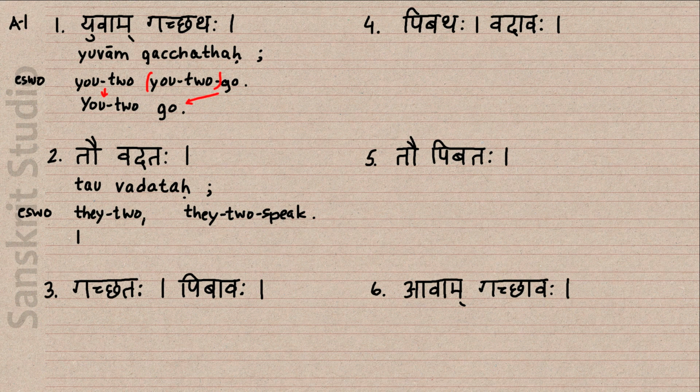We write M down here, and the reason for this is simply that it's easier to read, because now 'they two' is shorter and it's easier to read.